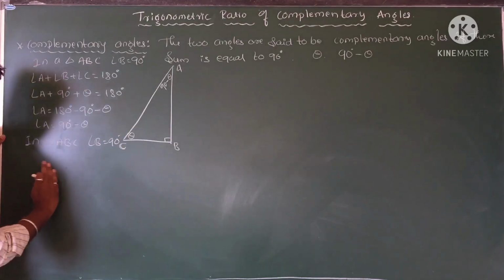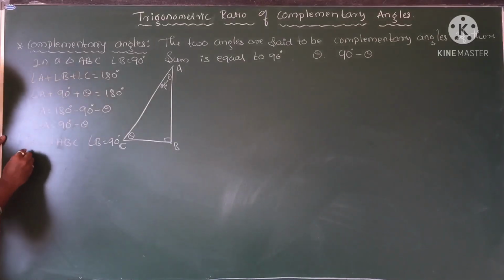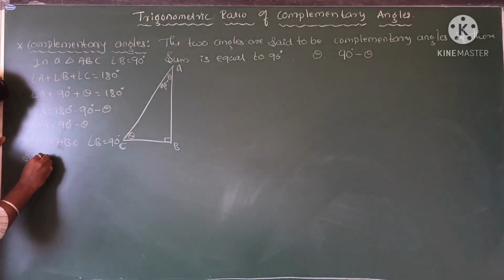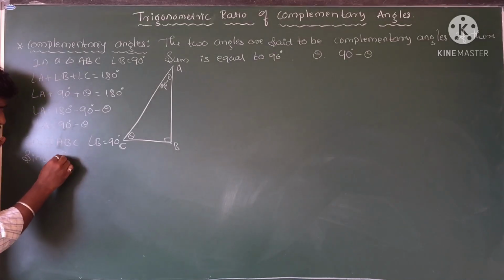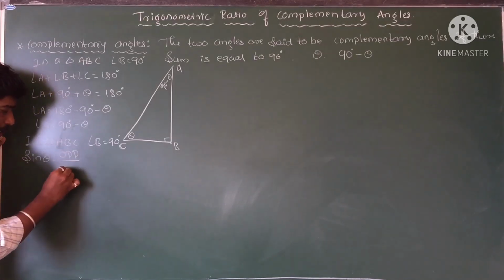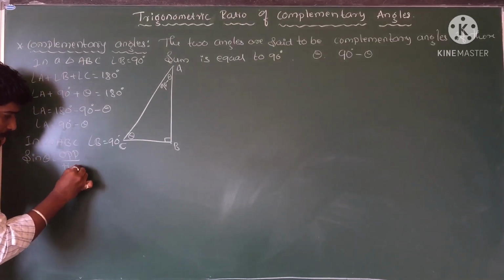Now in triangle ABC, angle B is equal to 90 degrees. So here we will find out trigonometric ratios. First one, sin theta. Sin theta is opposite by hypotenuse.